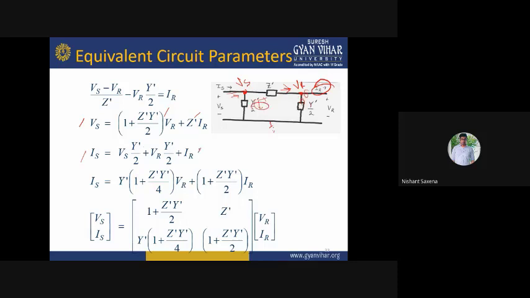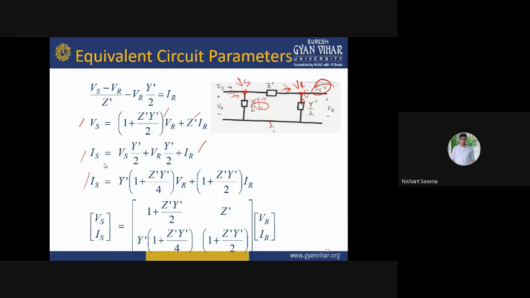If I solve this, I will get IS equal to Y dash into (1 plus Z dash Y dash by 4) into VR plus (1 plus Z dash Y dash by 2) into IR.